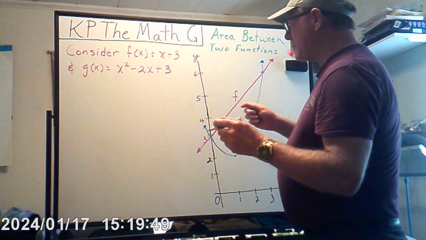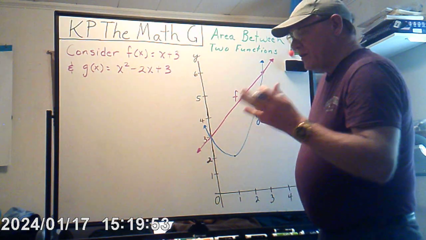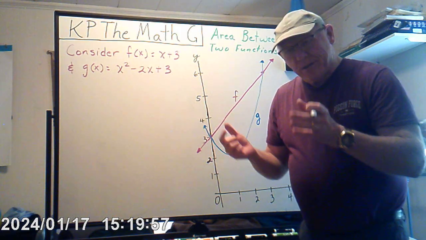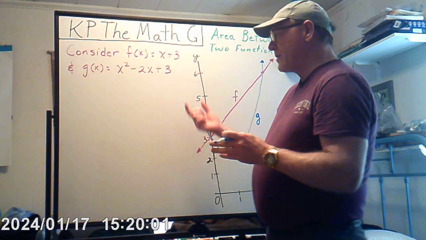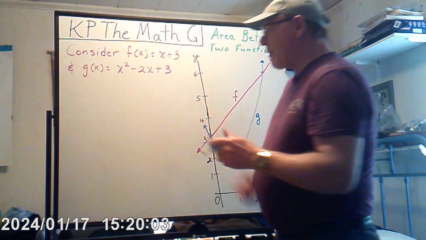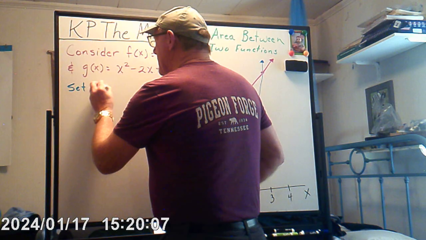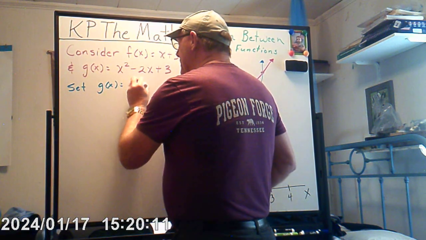Now, if you want to find where two functions intersect, you have to set those functions equal to each other. Doesn't that make sense? So I want to set g of x equal to f of x.